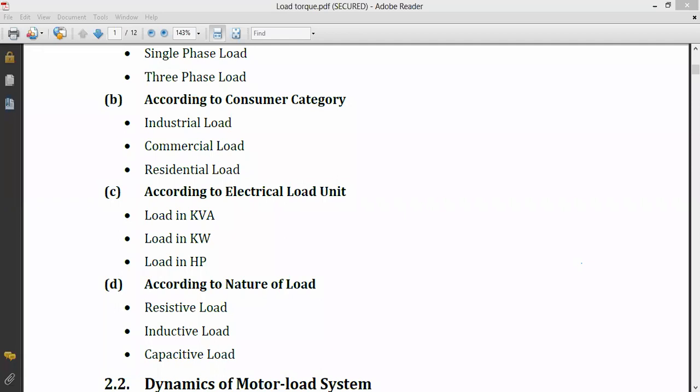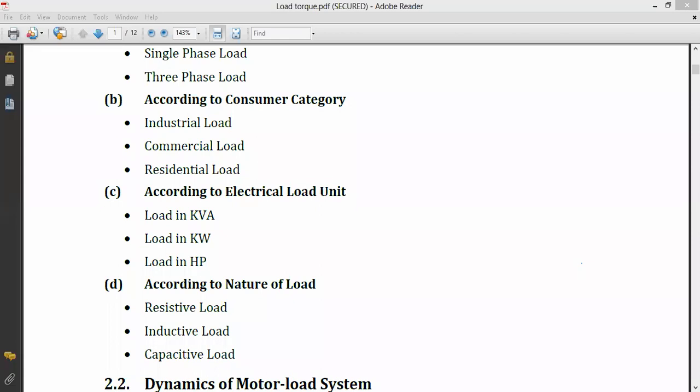Reactive power means VI sin phi. And apparent power is only the product of voltage and current. So the power so available by multiplying voltage and current with the power factor is called your active power. And similarly, we have a reactive power and we have an apparent power.